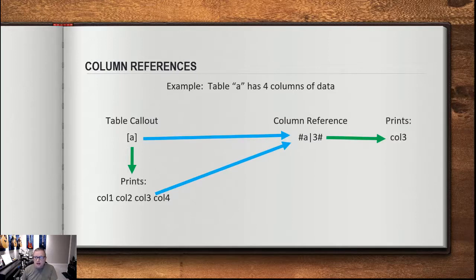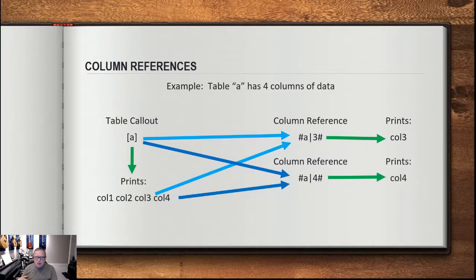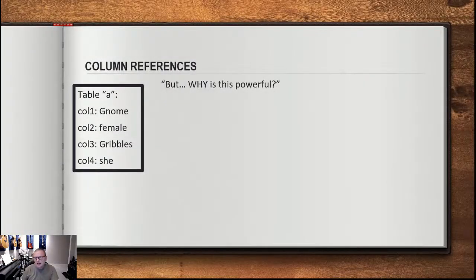And we're only going to get column 3 from what you got before. So you got all 4 columns before, but now you just want number 3. And later, if you want column 4, you can just get column 4. And in this way, they're relational. What you got on all the columns from table A before, now they make sense together in a meaningful way in our stories. So let's dig into why and how that's useful.